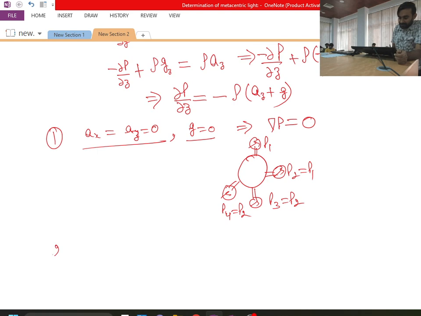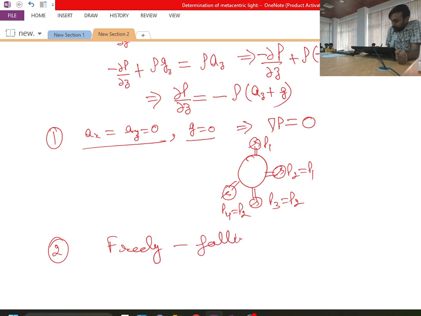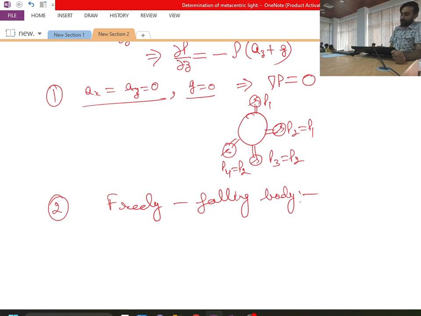Okay, like this. So this is this situation. Second situation, I can consider that I have a freely falling body. What will be the situation in a freely falling body? Freely falling liquid volume. For a freely falling liquid volume, there will not be any acceleration in x direction. Acceleration in z direction will be how much?